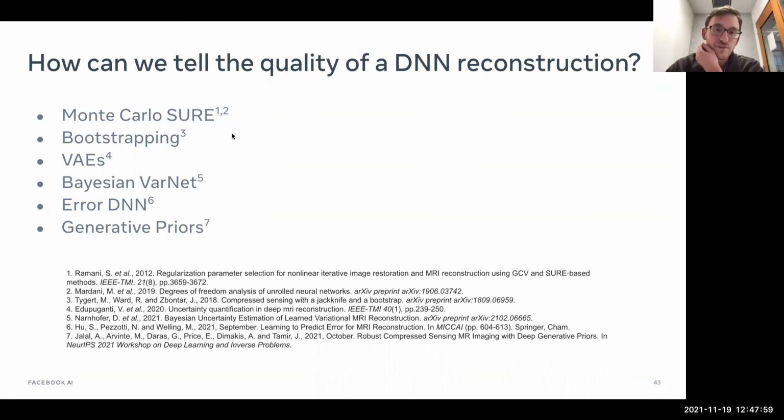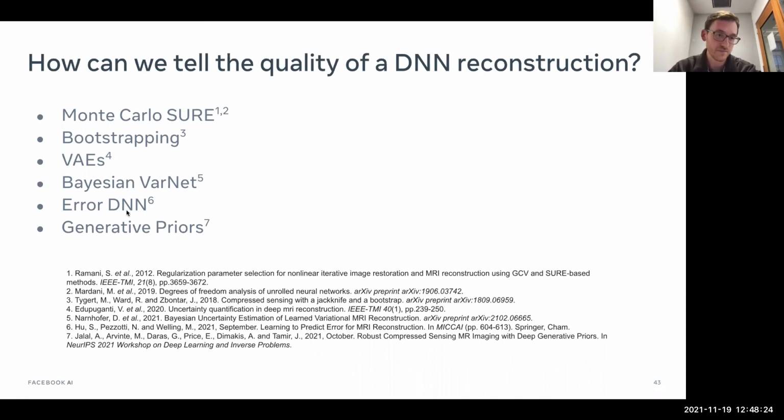You can do bootstrapping, where you have a reconstruction and then compute, using some simulations, different realizations to get a sense of what the spread of the metric is. You can use Bayesian methods, like Bayesian variational networks, to do prior or posterior sampling to get a sense of how much the reconstructions will vary.